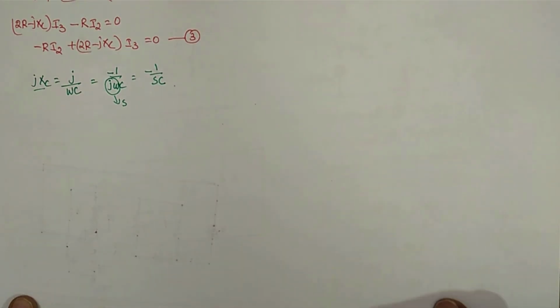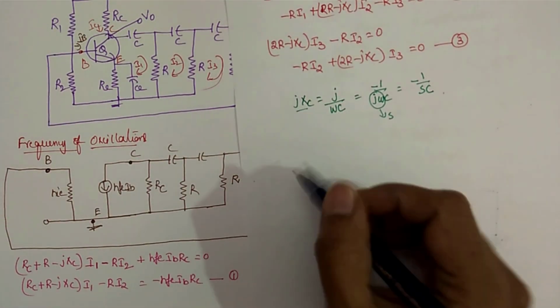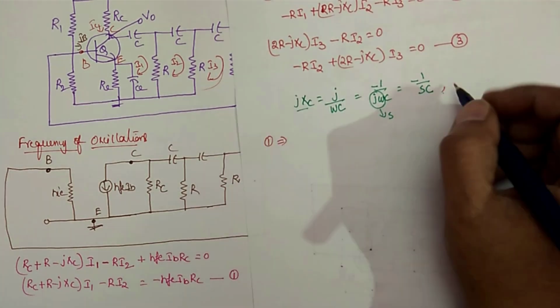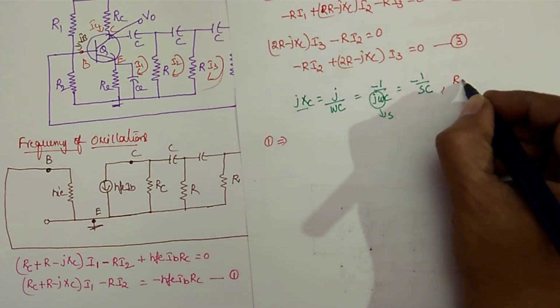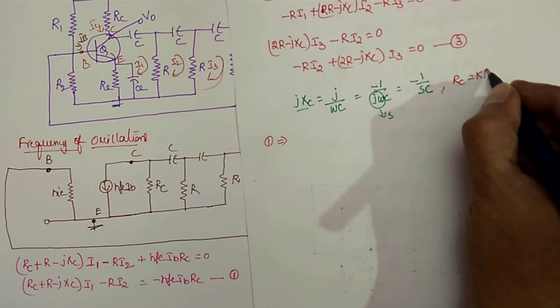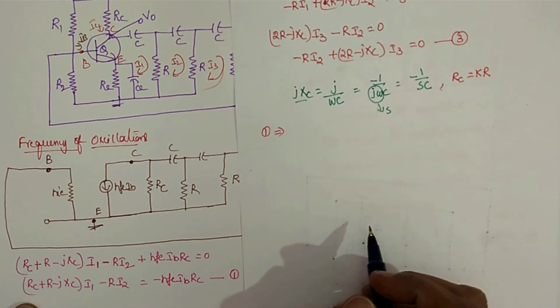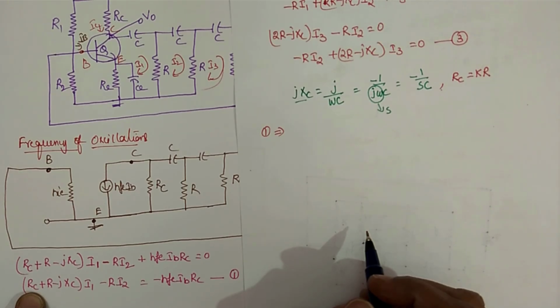Now, if you rewrite the three equations, let us see the first equation. Here you have to take another thing also: RC is equal to KR. So if you keep RC equal to KR here, you can take R common, so it gives R of K plus 1.